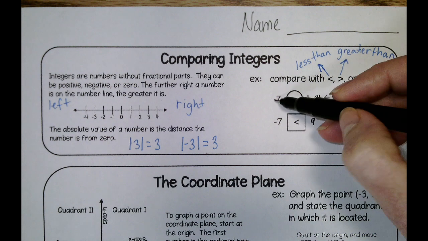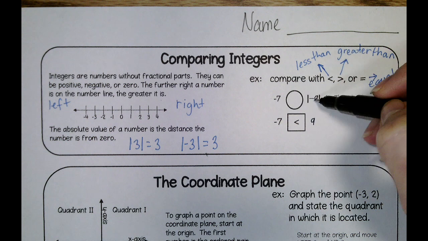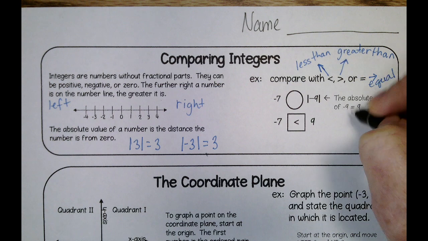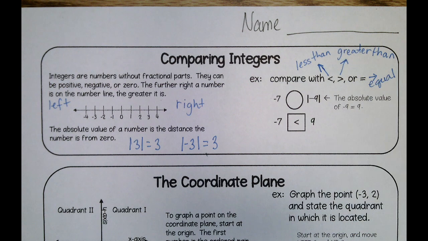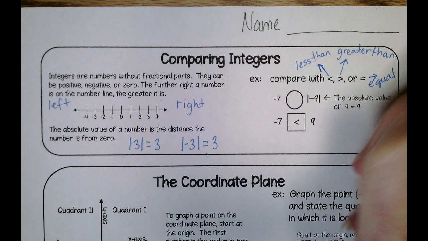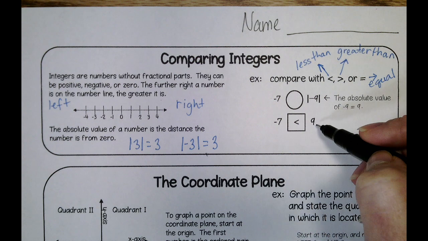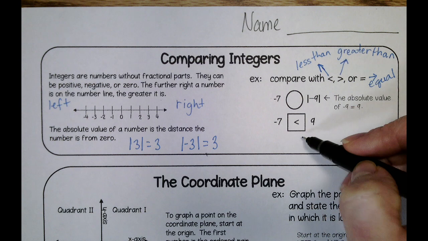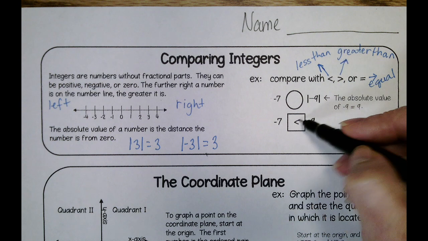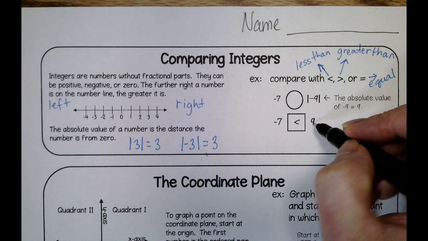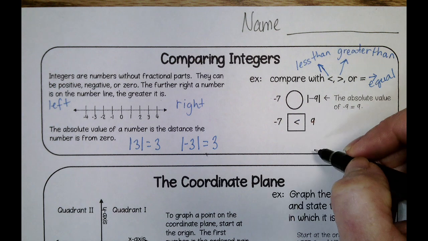So we got negative 7 compared to the absolute value of negative 9. And right here it says the absolute value of negative 9 is a positive 9. So you can rewrite this as negative 7 compared to 9. And in this case, since we're looking at absolute value, the 9 is greater than the negative 7.